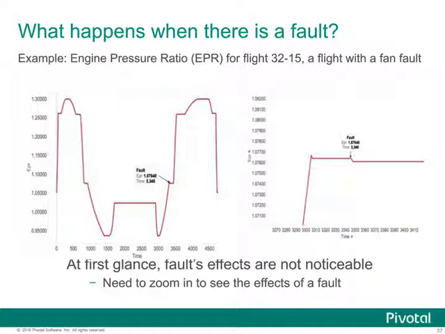So what happens when there is a fault in one of the flights? Well, for the most part, it's really hard to notice the effects of a fault. As you see here in this picture on the left, you can't really tell from the overall time series, but once you zoom in, you start to see a little dip, but it's not always noticeable.